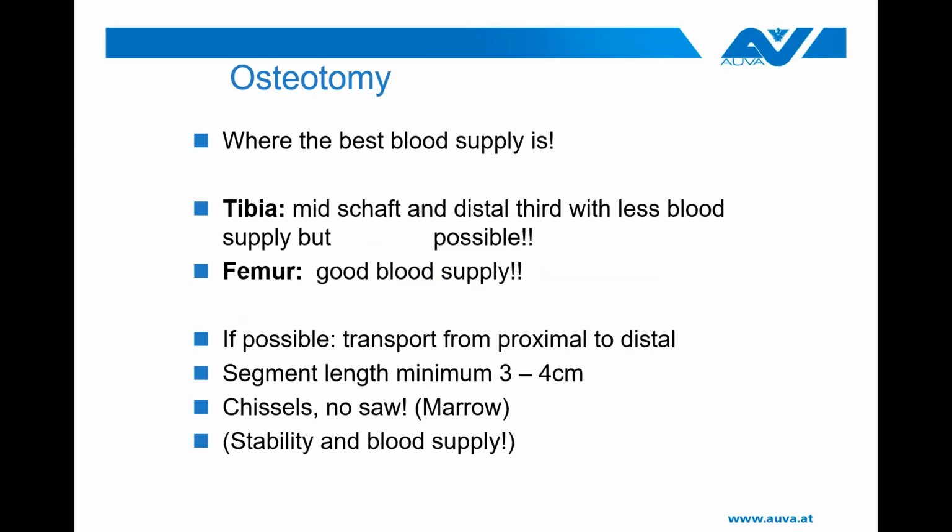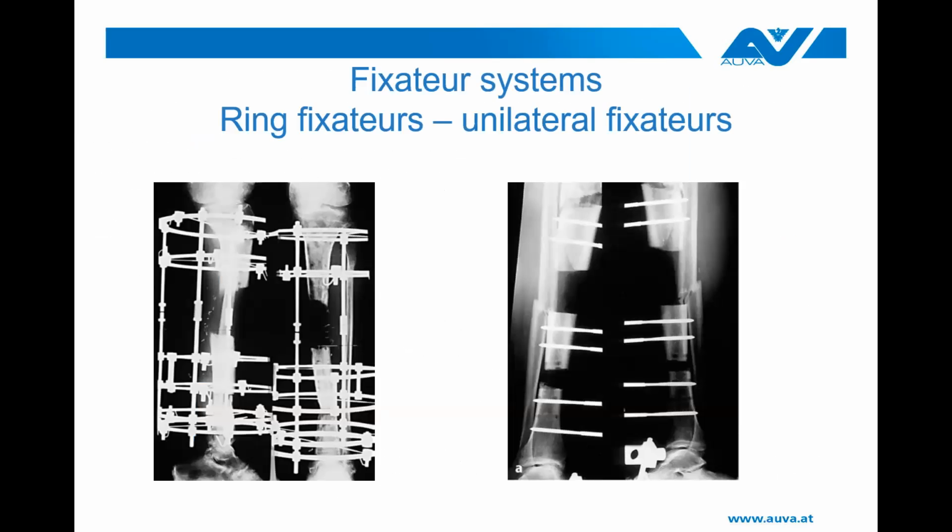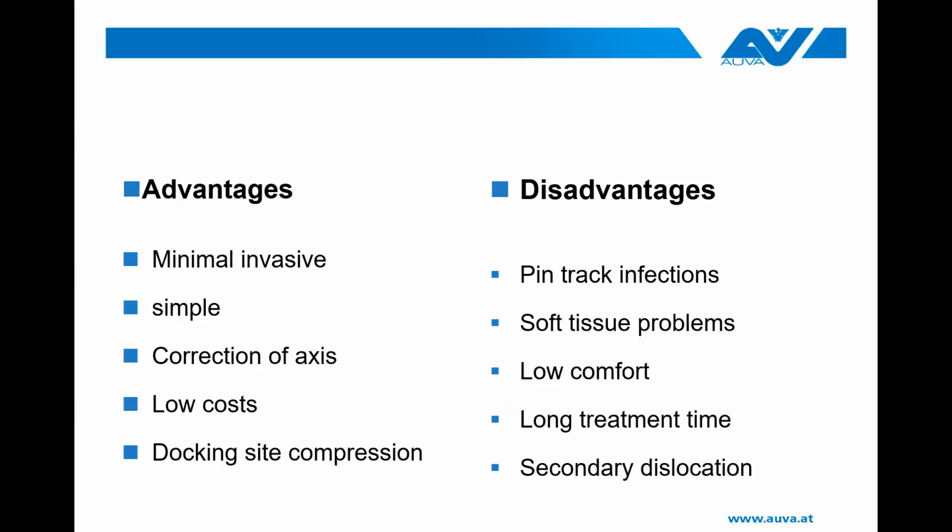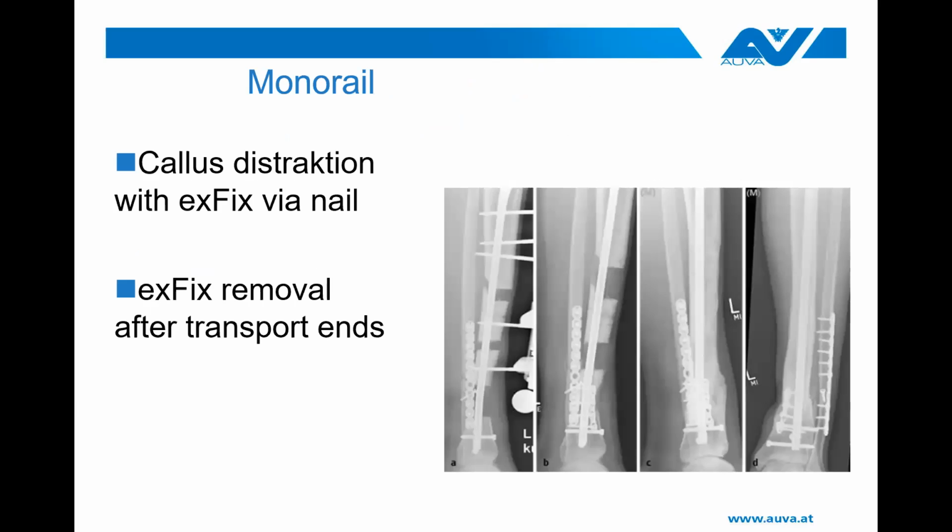This is very crucial. You can use ring fixators, unilateral fixators, and you have some advantages and disadvantages. Of course, the pin track infection and the soft tissue problems and the low comfort and the long treatment time is a problem in the X-fixes. You can use a monorail, even over a nail.